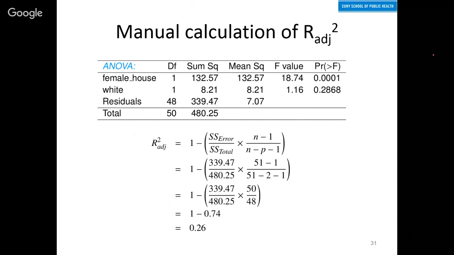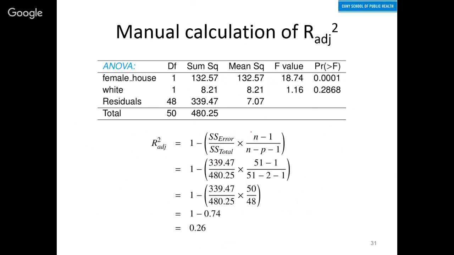Example of calculating it. So for this last example we had before, 339 is the sum of squares of errors. 480 was the sum of squares of total.